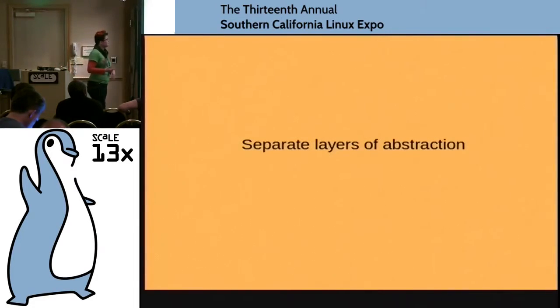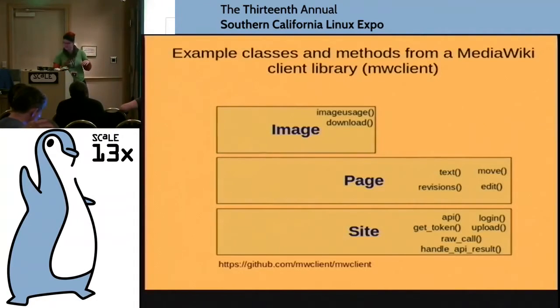You also want to separate the layers of abstraction that you're working with. A really common pattern is to have some portion of the library handle the underlying basic API calls, and then you can have higher level stuff on top of that.